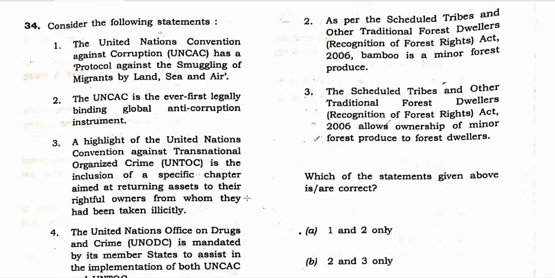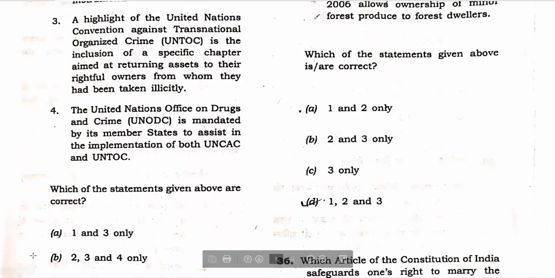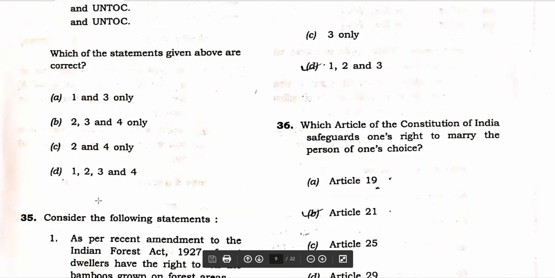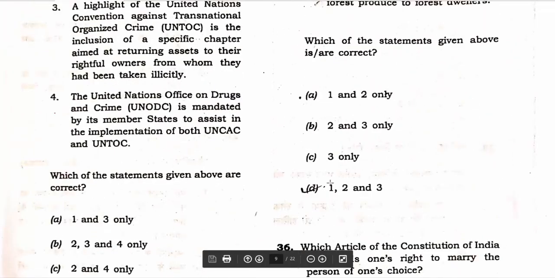This is correct. The Act allows the ownership of minor forest produce to the forest dwellers. This was a very important part, because it was repeatedly there in your current affairs with respect to bamboo, which has now been considered a grass. So as per that, your answer is actually D: 1, 2 and 3, all three statements are correct.